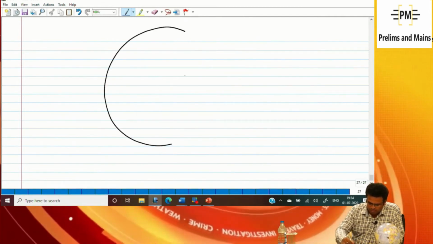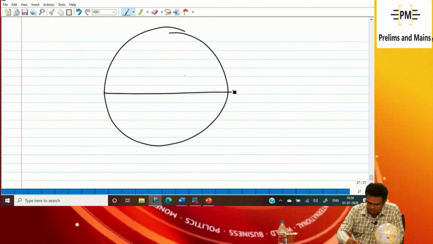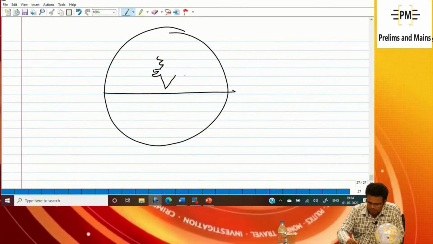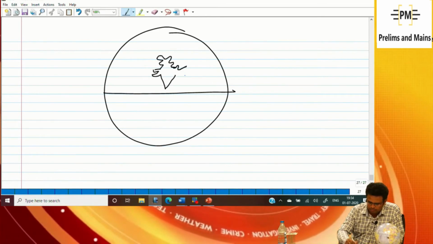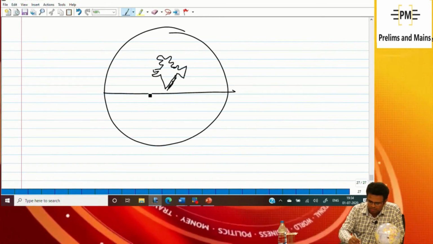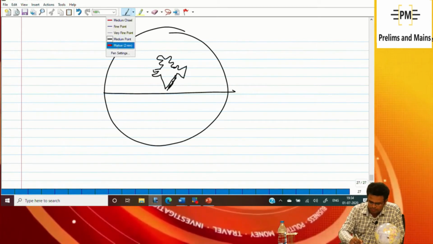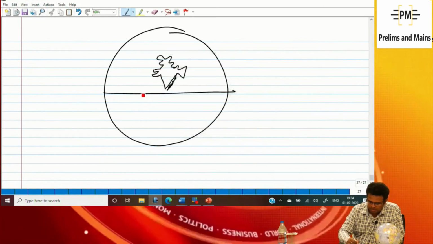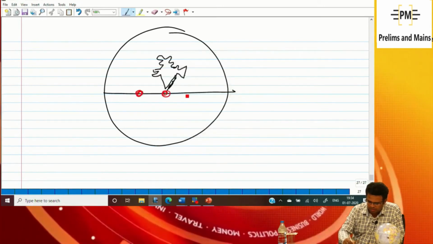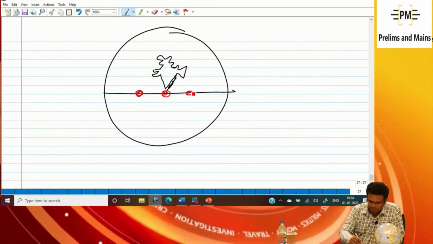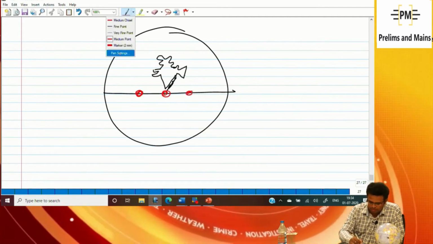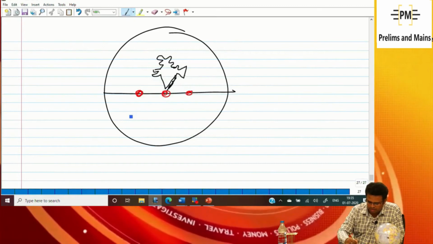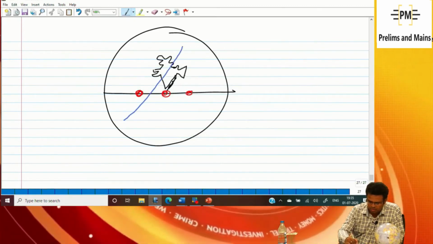If this is our Earth and this is the equator, and India is here, then to cover it better I need 3 geostationary satellites. And if I have to cover the Himalayan region, the geosynchronous one is going.